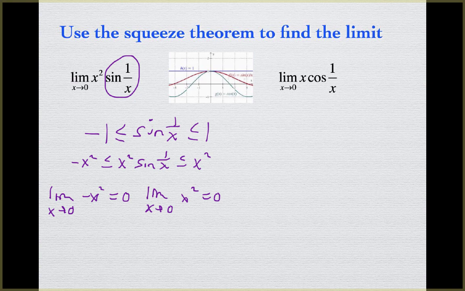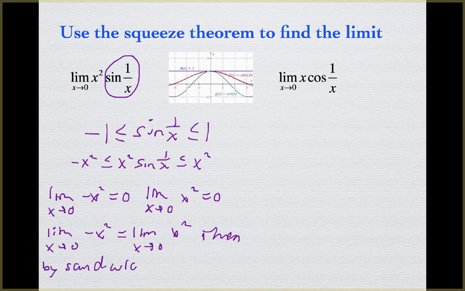Since these two limits equal each other, then by the sandwich theorem, or squeeze theorem, the limit as x approaches 0 of x squared sine of 1 over x is also 0.